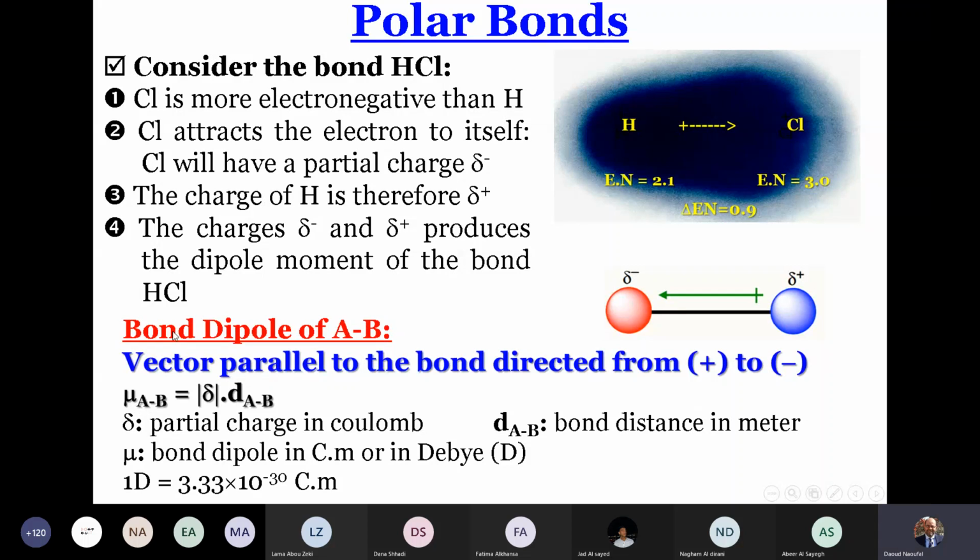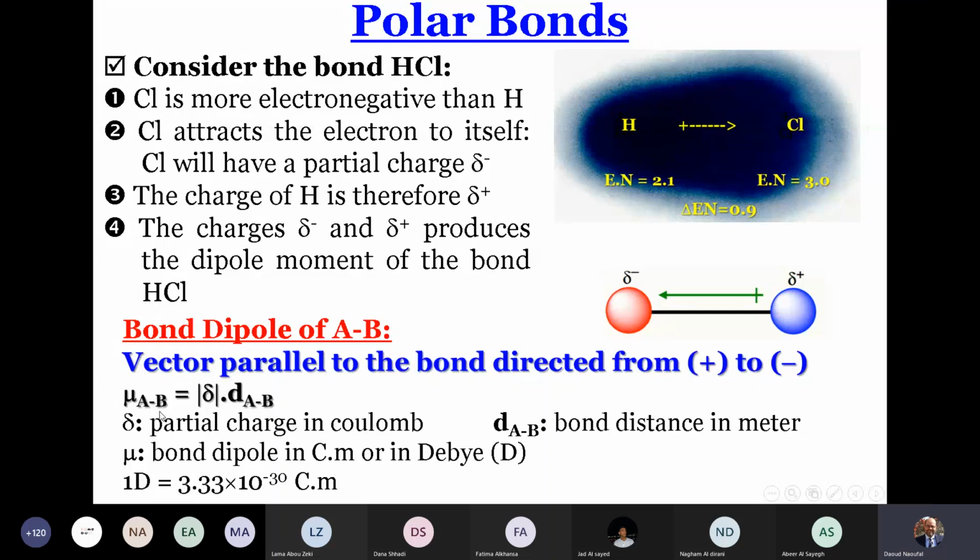Mu means bond dipole. The direction, as we said, is a vector parallel to the bond directed from the positive to the negative, and we put a plus at the beginning of the vector. So what is the intensity of the bond dipole AB?